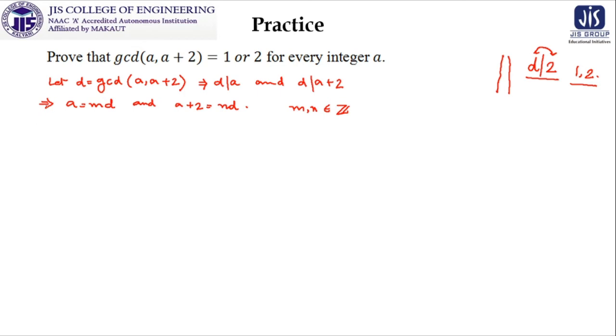So what we can write? ND minus MD is equal to A plus 2 minus A. So D into N minus M is equal to 2.